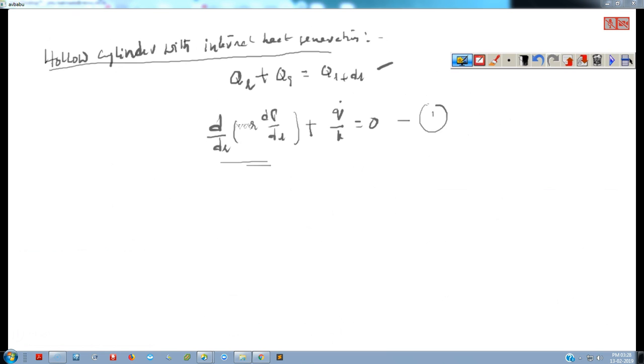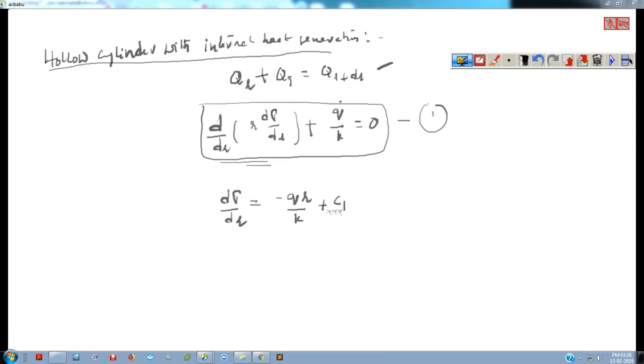First I will integrate this equation. Once I integrate it, I will get dt by dr is equal to minus q dot r by k plus c1 by r.